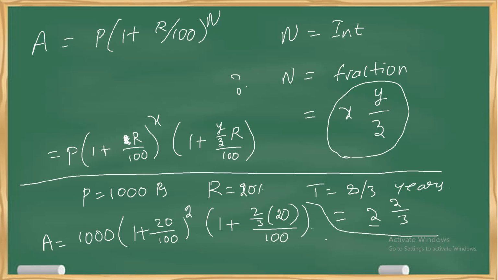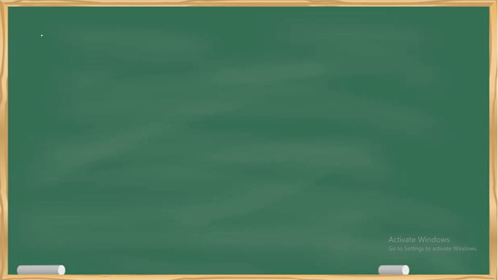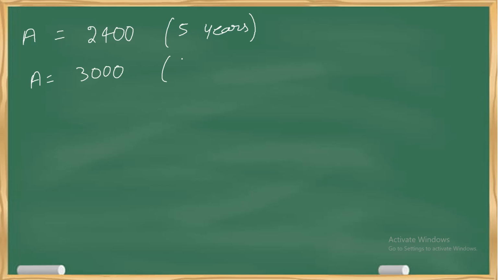This is an important thing. Now there are a few other things here in compound interest, that is, amount will be given after some years, maybe like 2400 after 5 years, and amount will be 3000 rupees after 6 years.